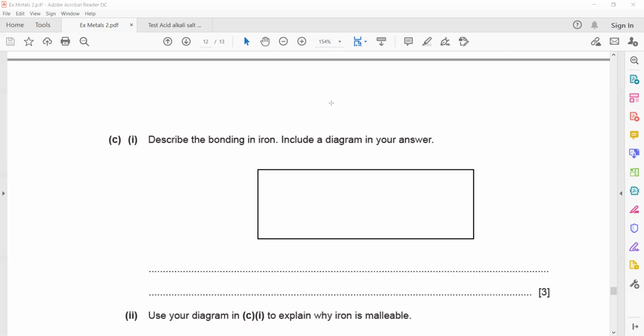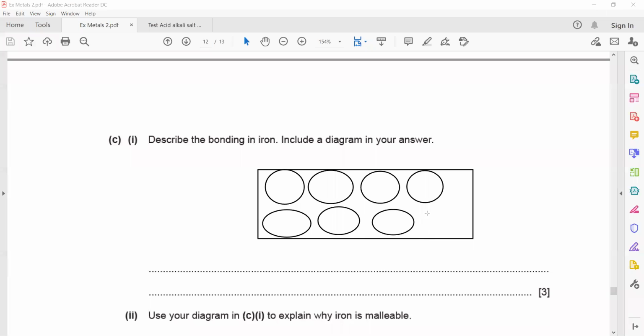So the structure of the metal has a lattice of positive ions, a regular arrangement of the positive ions, and delocalised electrons. So even if they ask describe the bonding in magnesium, aluminium, lead, any metal.